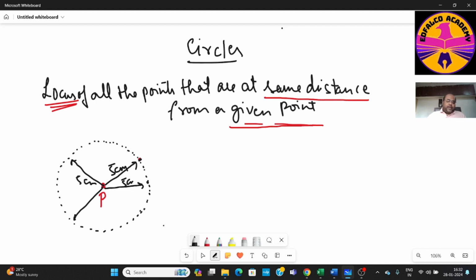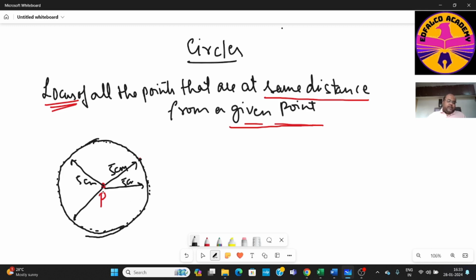If I now join all these points, then that path or the locus, another word for path or trace of all these points, will become a circle. So that is the definition of a circle.